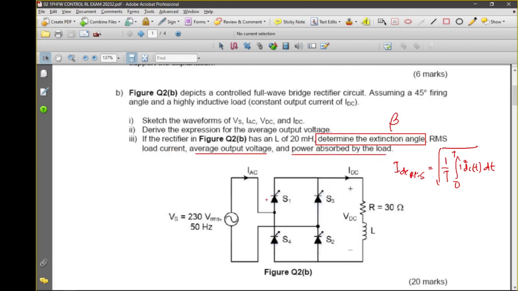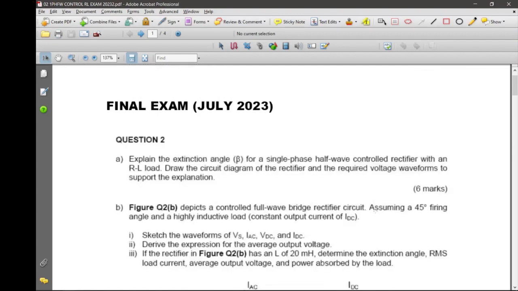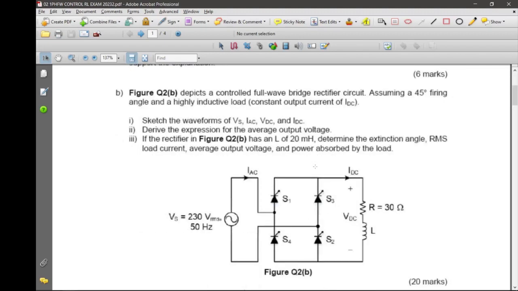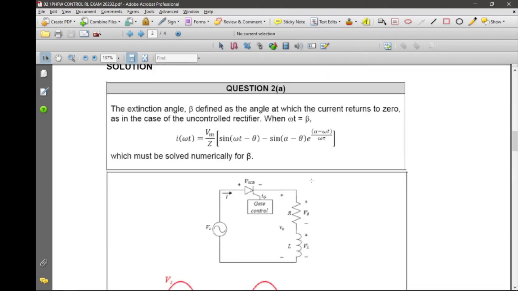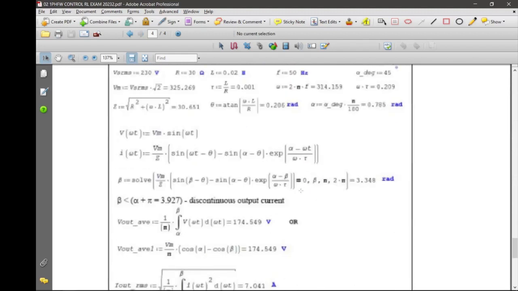Here again we can use the current equation from the uncontrolled case, for the half wave, that we just wrote here, isn't it? This is a half wave, so we can use that equation to determine beta, right? So you have that equation again. Come back to the solution. So this is your equation from just now.